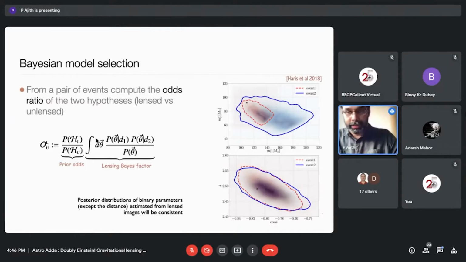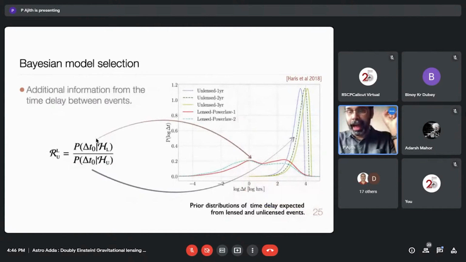In fact, our group has recently developed a way to identify strongly lensed gravitational wave signals in the gravitational wave data. Basically, this involves a robust way of identifying signals that look very similar and come from the same location of the sky.